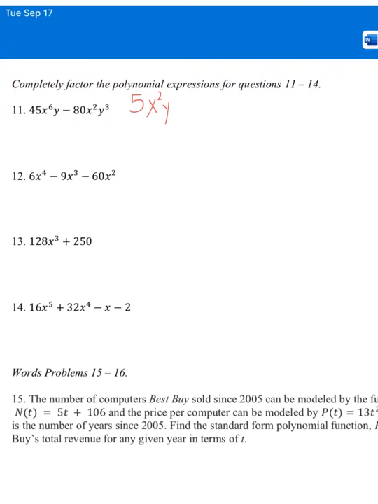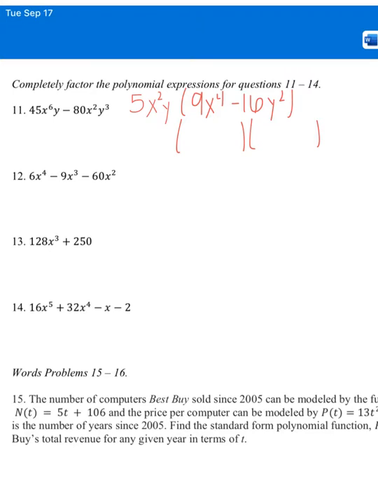When I pull that out, I am left with 9x to the 4th minus 16y squared. Now that is your example of difference of two squares, because 9x to the 4th is a perfect square, 16y squared is a perfect square, and you have subtraction in the middle. So you take the square root of each one.